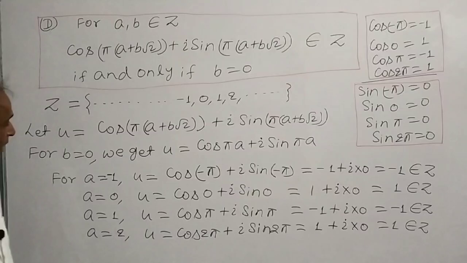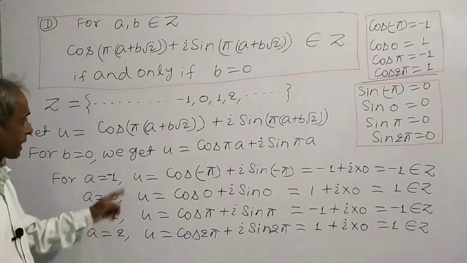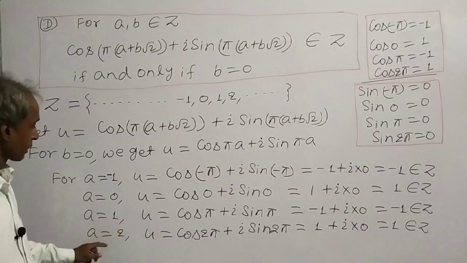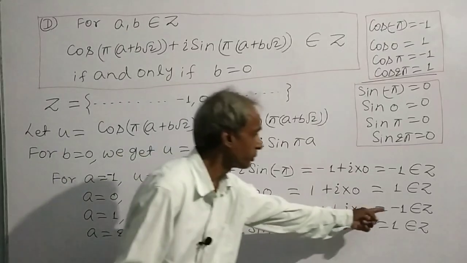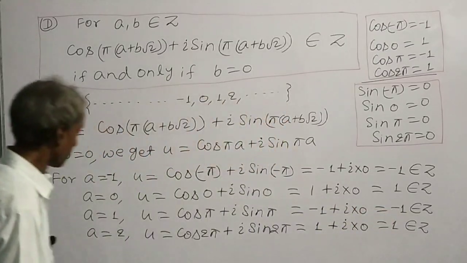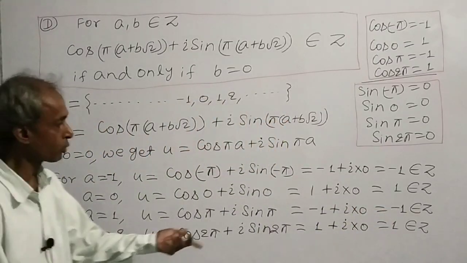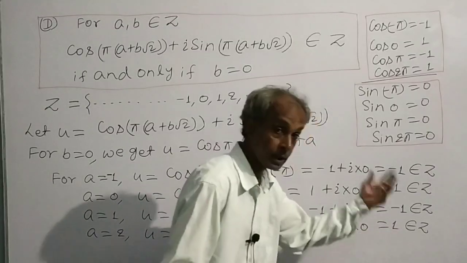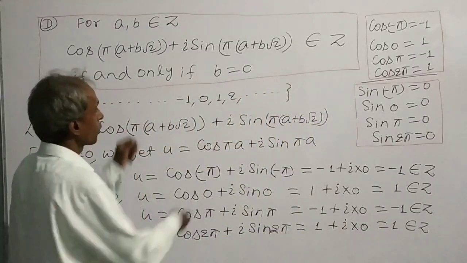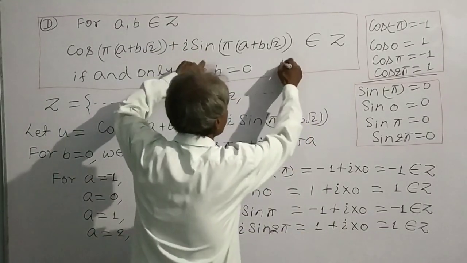Similarly, we can observe that when we put a is equal to 1, then also we get some integer. When we put a is equal to 2, then also we get some integer. Therefore, this option is correct.